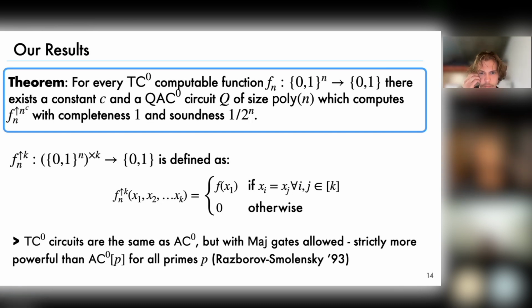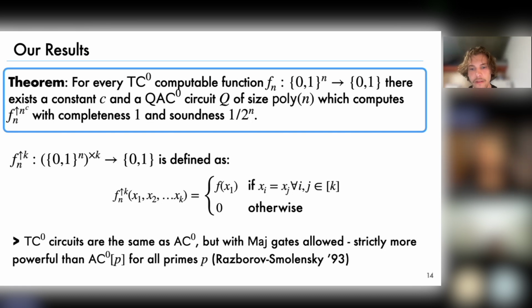Yeah. And I haven't defined TC0 yet, but it's just what you get when you take AC0 and also allow for gates that compute the majority function. And so this is a very strong class of classical circuits. In particular, they are strictly more powerful than this AC0p class for any prime p, which I defined on the previous slide.